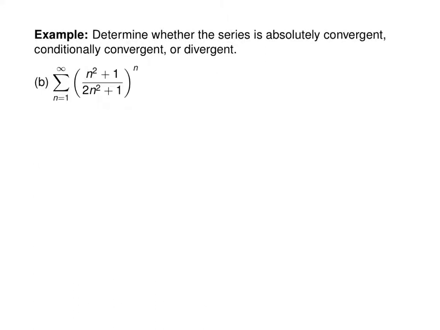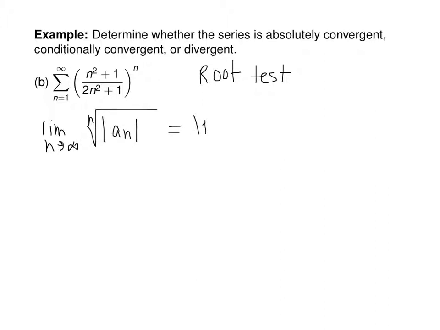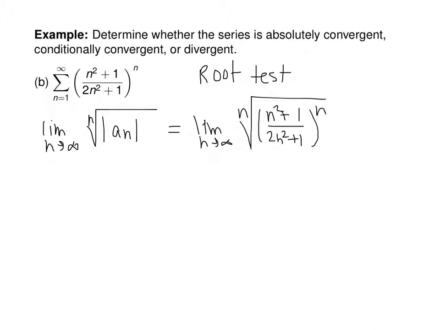Now here, because we have all the terms raised to the nth power, let's apply the root test. So find the limit as n goes to infinity of the nth root of the absolute value of the terms. So that will be the nth root of n squared plus 1 over 2n squared plus 1 all to the nth power.